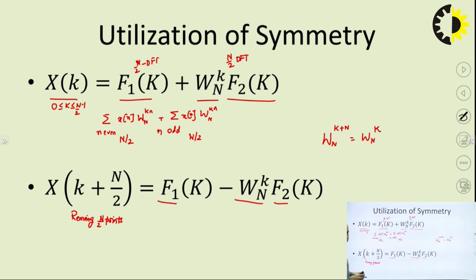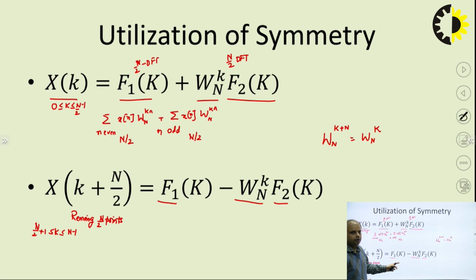So, it is possible in principle, using the periodicity property and the symmetric property of the Twiddle factor, that computation of these n by 2 point DFTs gives me X of k for half the values, and the remaining half values, n by 2 plus 1 till n minus 1, can be computed using the same values.